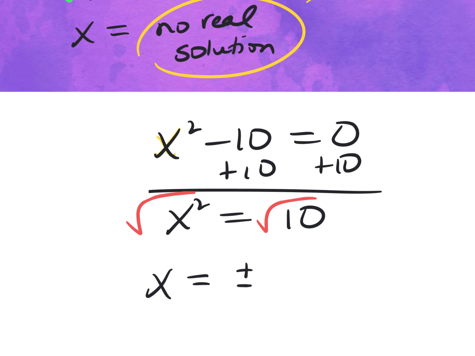There's no pairs, so you would just leave it as positive and negative square root 10. Tomorrow, when we do the quadratic formula, Big Ideas is going to want you to use your calculator. However, for the quiz, we're leaving our answers in simplest radical form because we're not using calculators for the quiz.